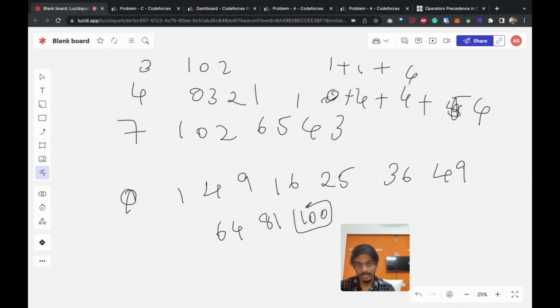Now you have to find the sum. Can this be the sum of what all numbers? So this can be the sum of 0 and 1 and 0. This can be the sum of many things. 3 1 can come, 1 3 can come, and 2 2 can come.